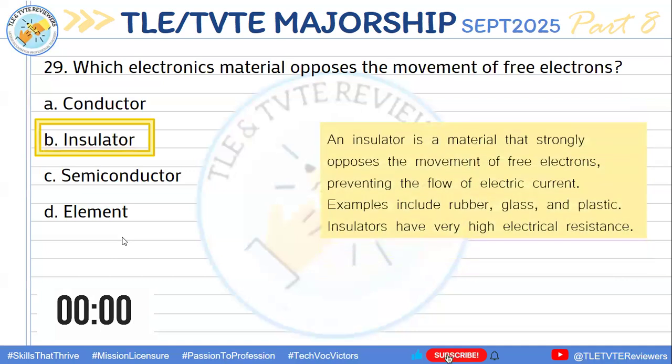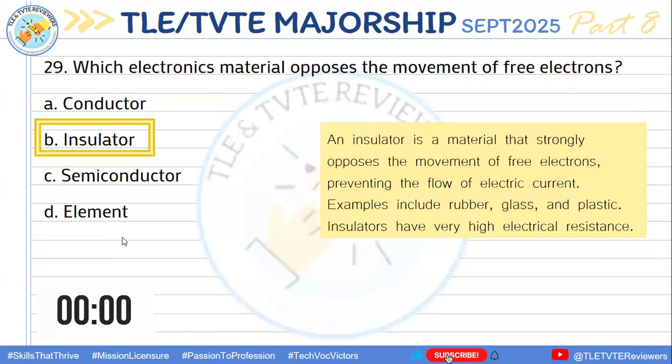An insulator is a material that strongly opposes the movement of free electrons. So that's preventing the flow of electric current. Examples include rubber, glass, and plastic. Insulators have very high electrical resistance.